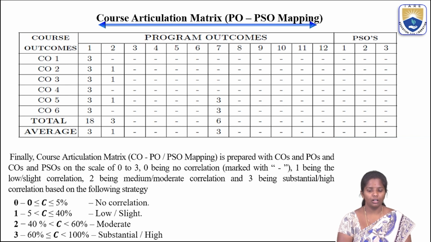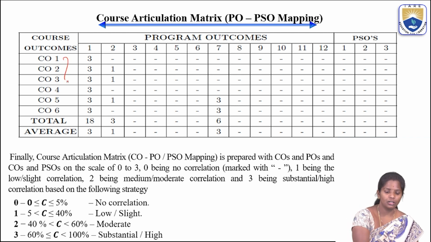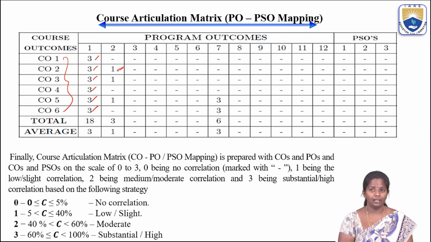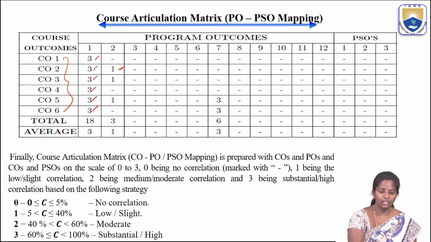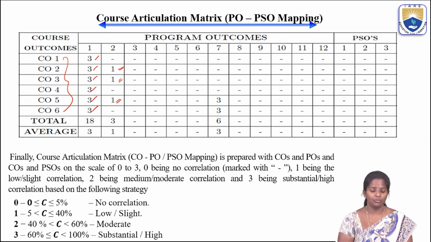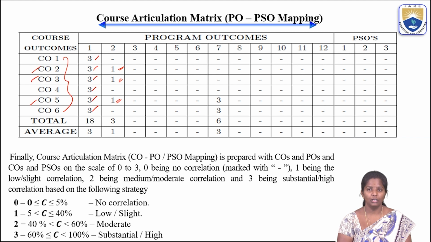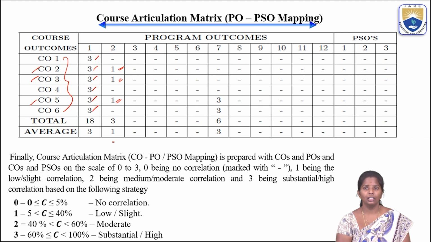If you see the overall PO PSO mapping, there are 6 course outcomes. 3 are matching for the first PO, then 1 is matching for the second one. Like for problem analysis, only 3 modules or course outcomes have problems, therefore it is given 1 here in the second one, and the third one, and then the fifth one. These are the only 3 course outcomes involving problems, therefore they are marked for the second PO.